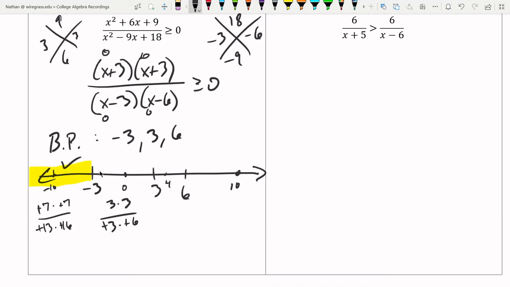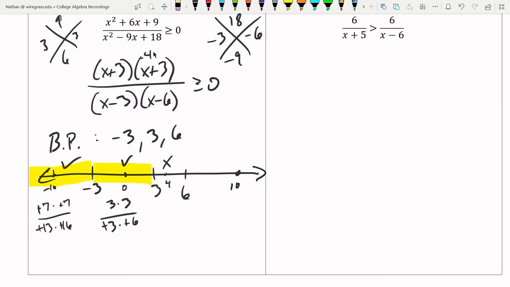It is greater than or equal to 0. So we have this interval is true. Okay, test 4. On top, we have two positives. On bottom, we have a positive and a negative. There's a single negative. That means this whole thing is negative. So this interval cannot be true.